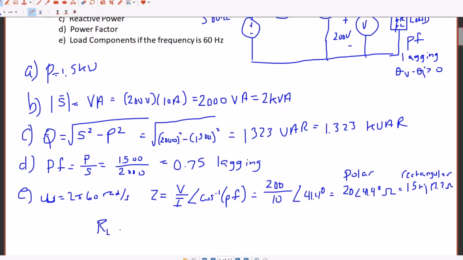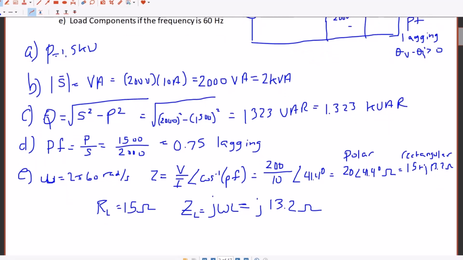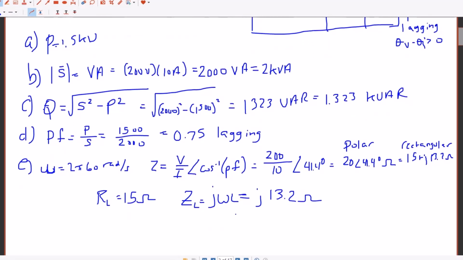So that means we know that the resistance of the load is 15 ohms because it's the real part of the impedance. And we know that the impedance of the inductor is j omega L, which is j13.2 ohms. So we know that omega is 2 pi 60. So j13.2 equals j 2 pi 60 times L. So our inductor is 35 millihenry.